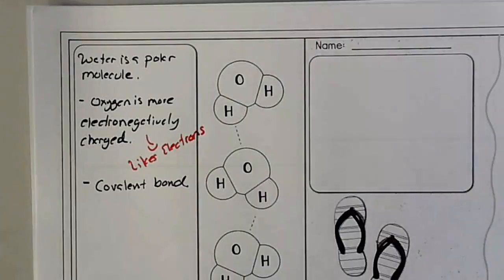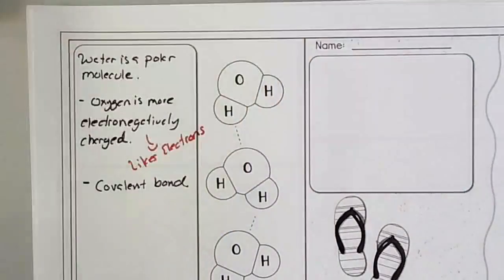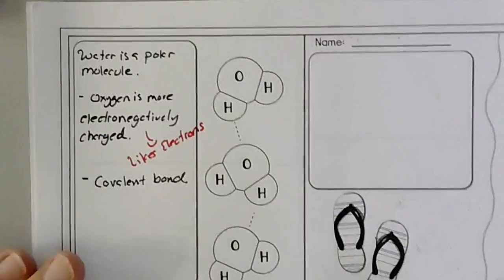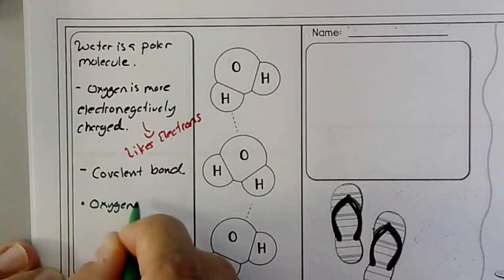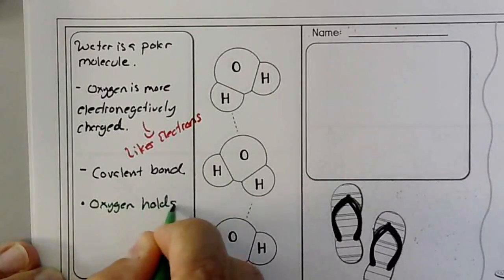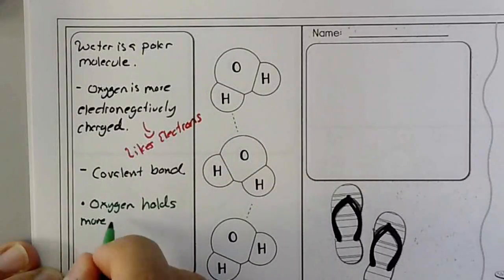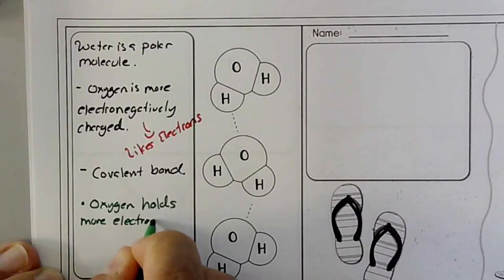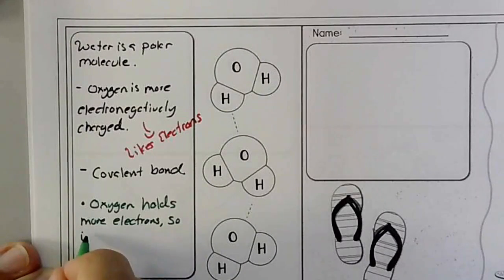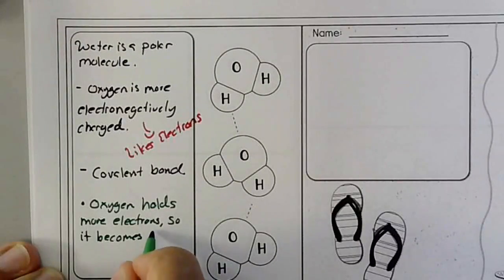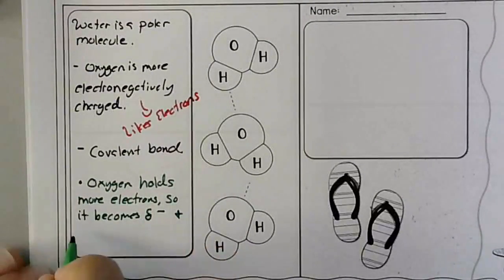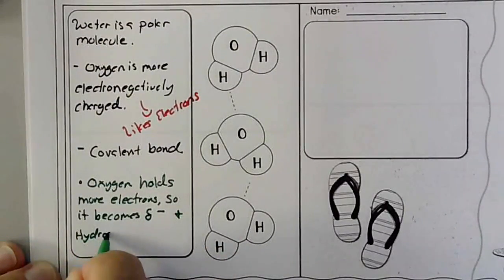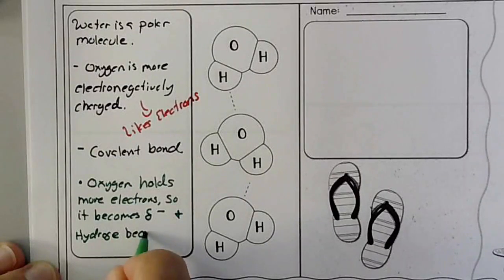So by virtue, what happens here is oxygen holds electrons, so it becomes partial negative, and hydrogen becomes partial positive.